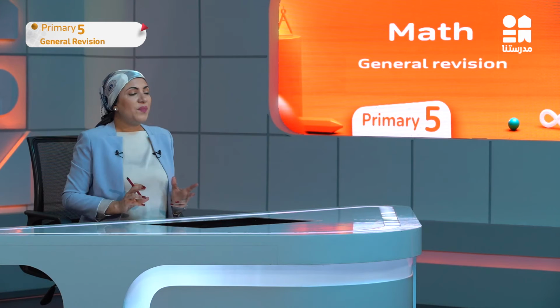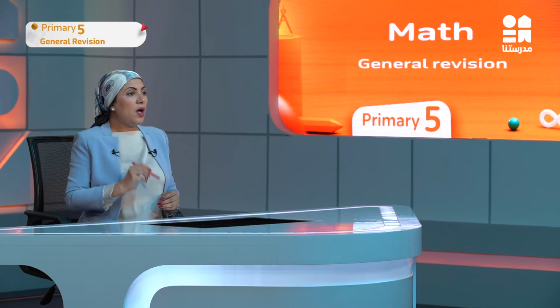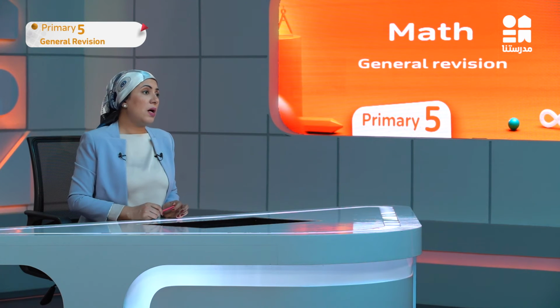First we must remember, the perimeter of the square is what? All sides plus each other, the four sides added together, or side times 4.